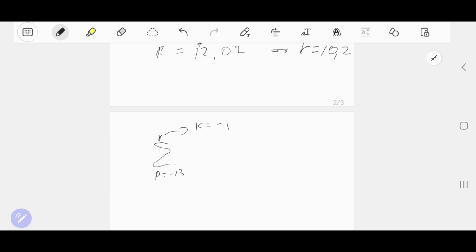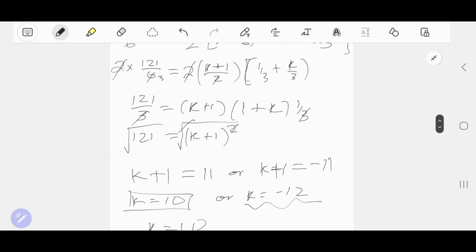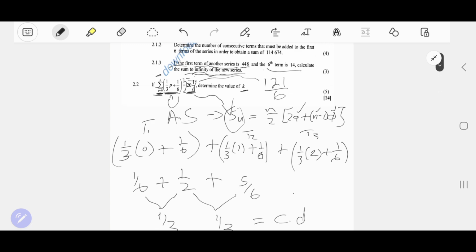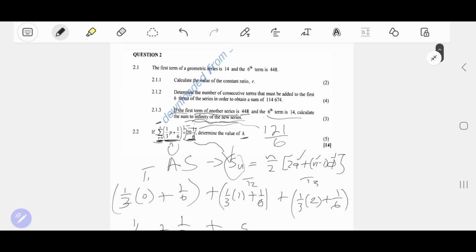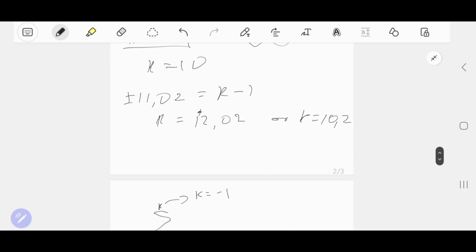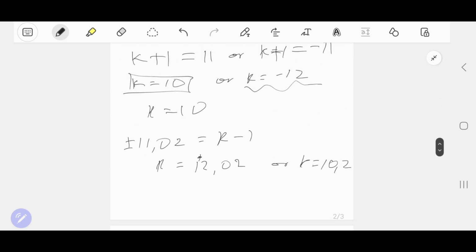So it depends whether your sequence lies in the negative number line, or in the positive number line, or in the mix. So it depends, people. But in this case, I know from the logic that we are starting from 0, moving upwards, people. 0, 1, 2, 3. So I'm expecting to get a positive answer. Hence my k is equal to 10, people.